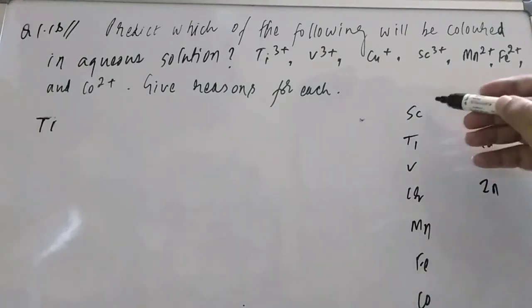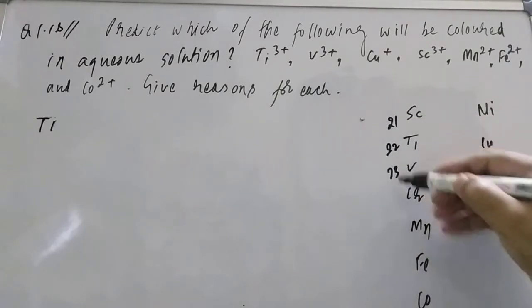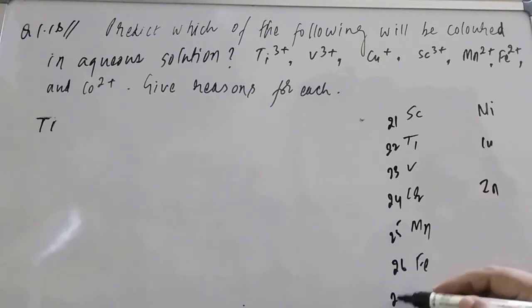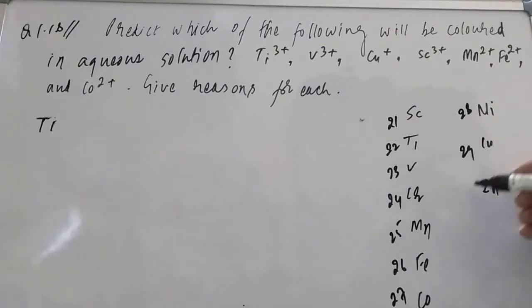The atomic numbers are 21, 22, 23, 24, 25, 26, 27, 28, 29 and 30.